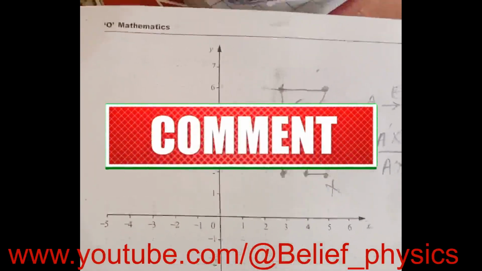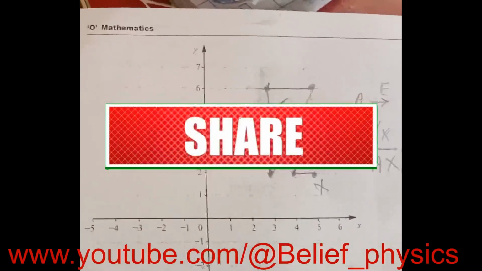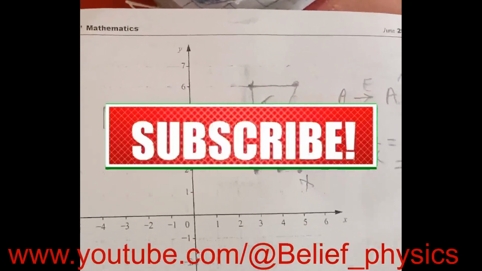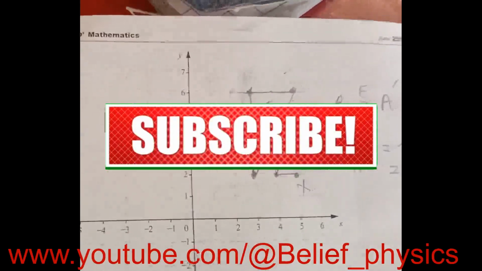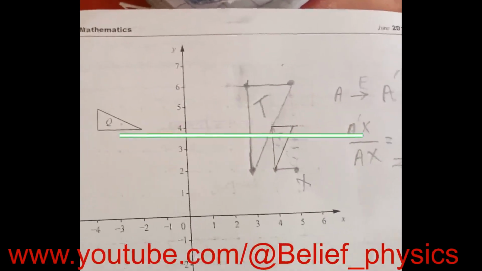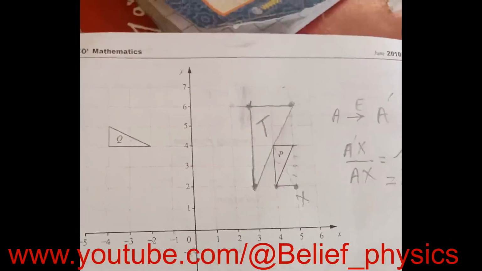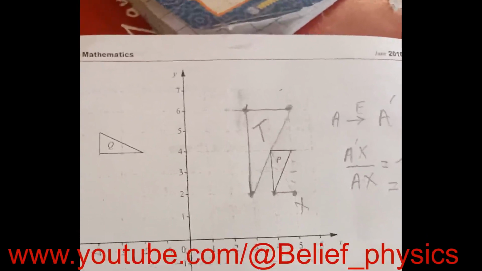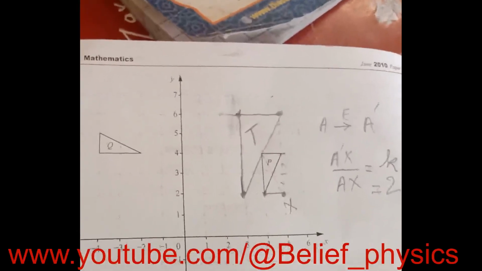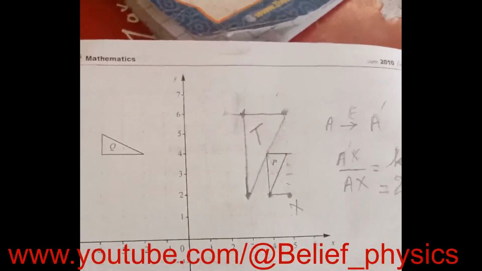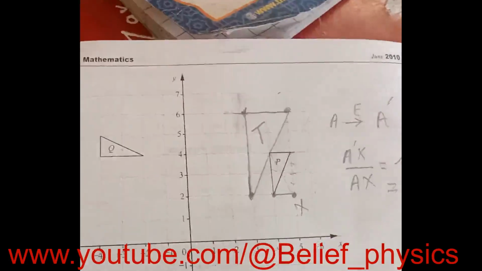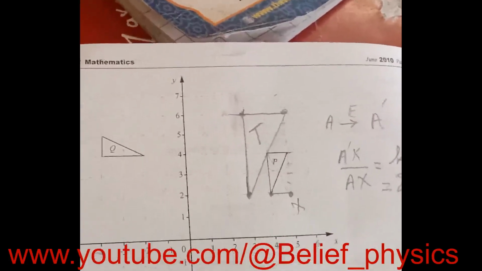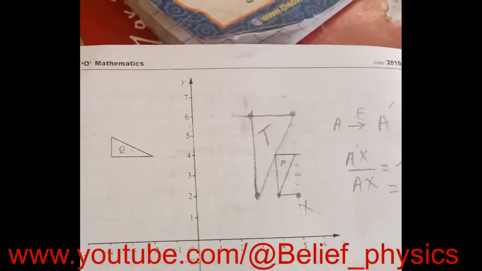I repeat, if we have an object and an image and we have to find the center of rotation, just draw the perpendicular bisectors of the lines joining corresponding points of object and image.